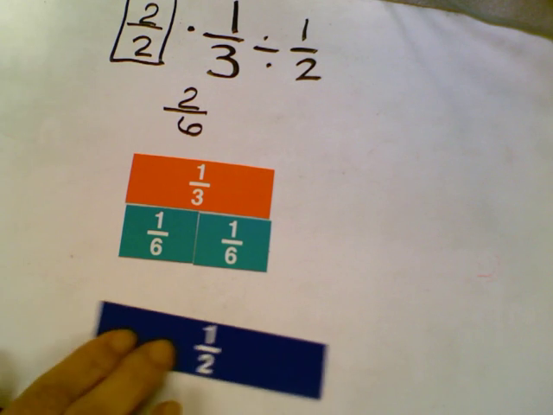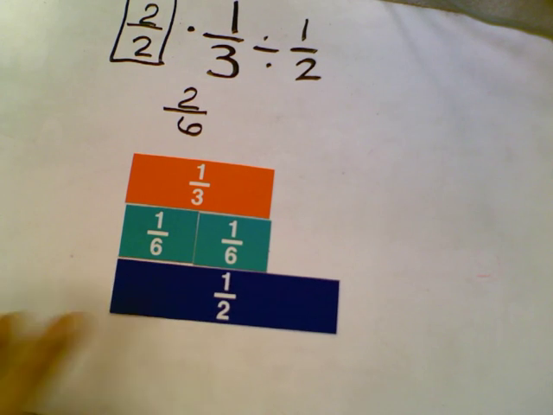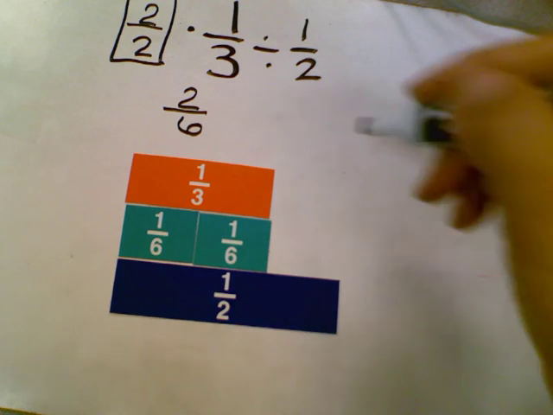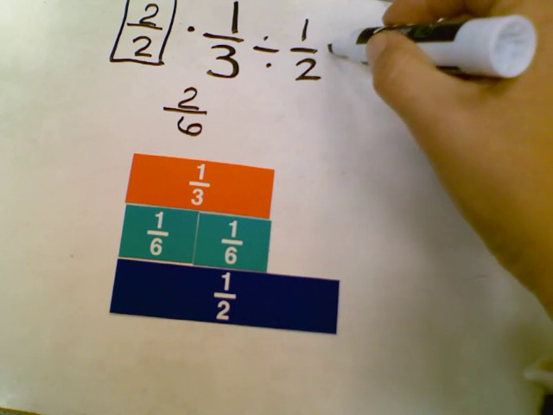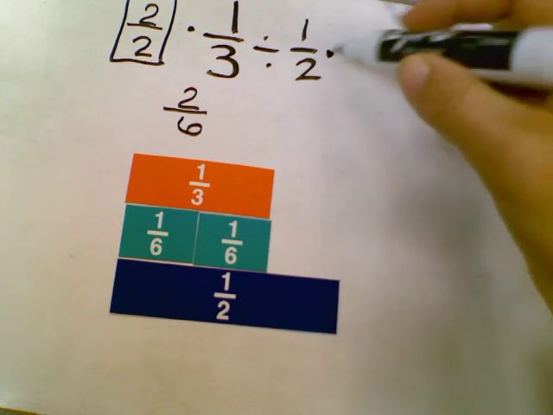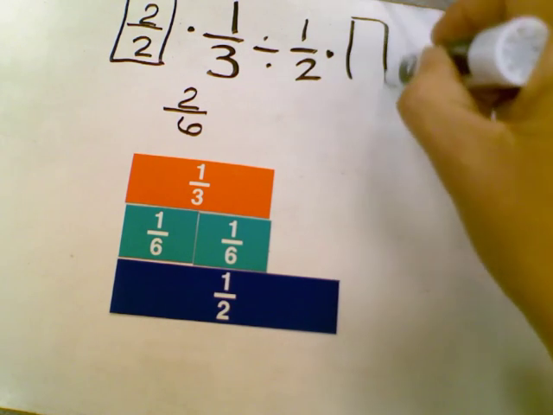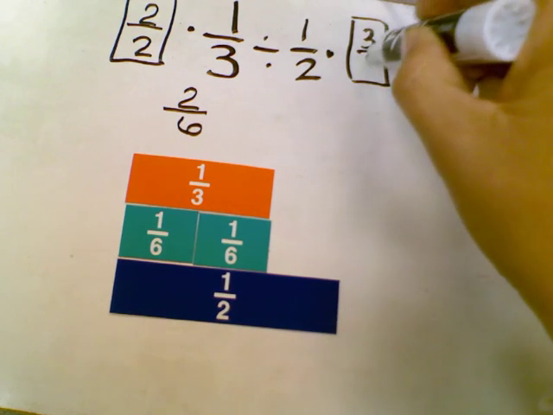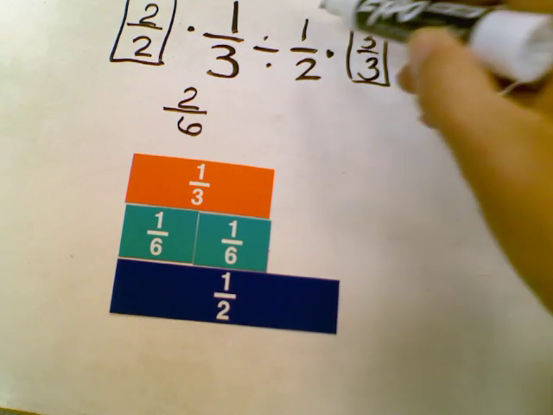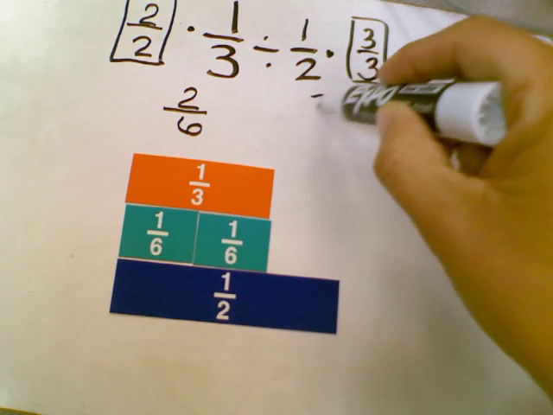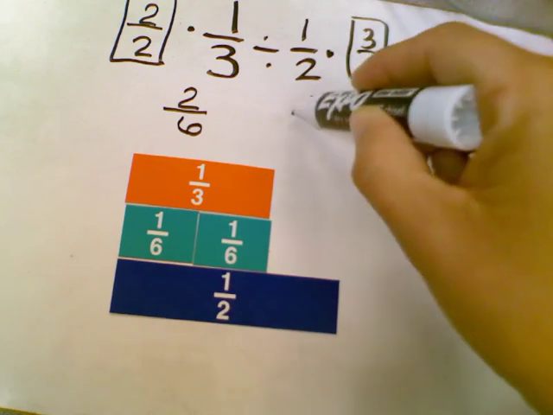Now we would have to do the same thing for the half. And the way we find the giant one for the half is that we would multiply it by the denominator of the first fraction, which is 3. You would notice that 1 times 3 is 3, and that 2 times 3 is 6.